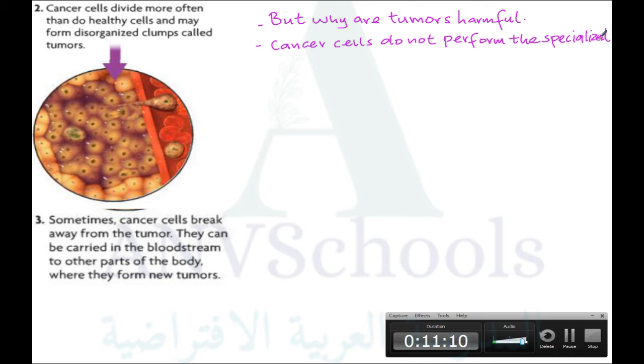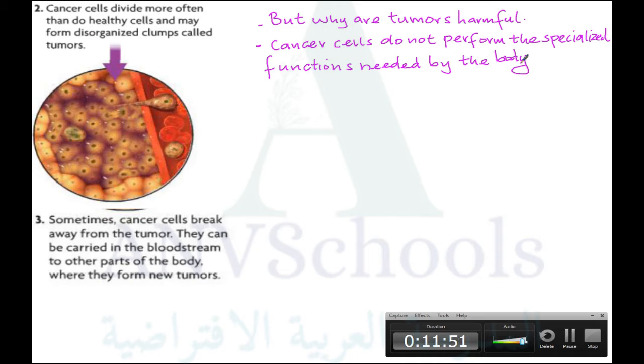They do not perform the specialized functions needed by the body. It's like having stuff in your house which you don't use. In the lungs, for example, cancer cells do not exchange oxygen and carbon dioxide. In the brain, they do not transmit the carefully ordered electrical messages needed to interpret information.